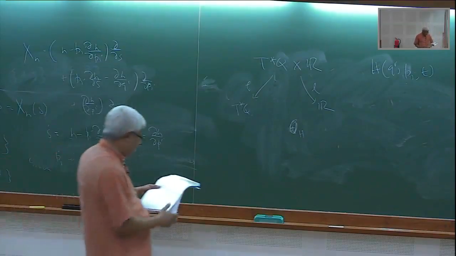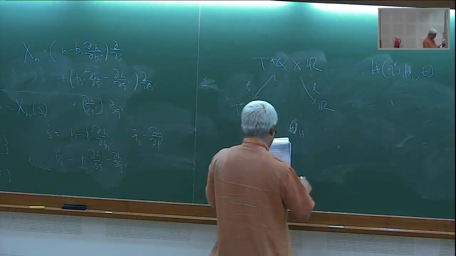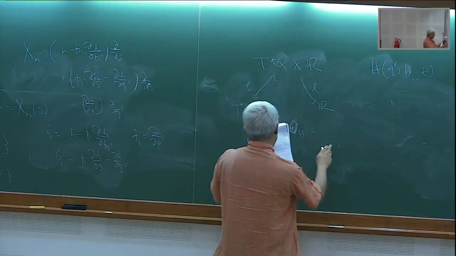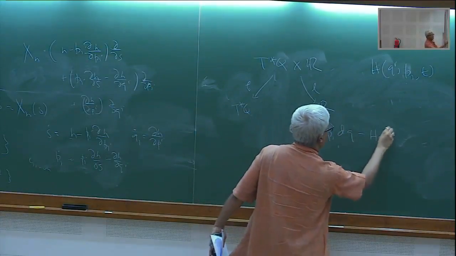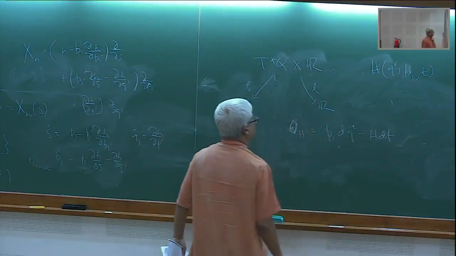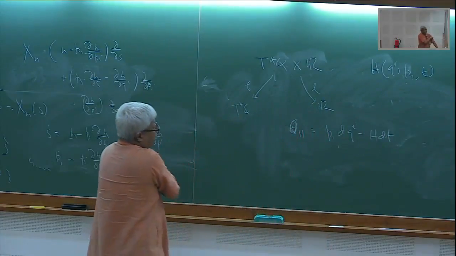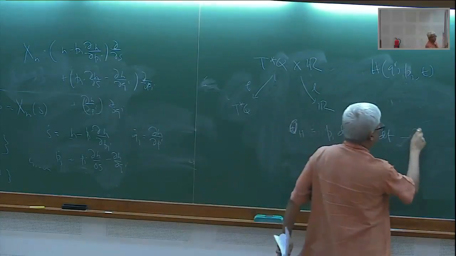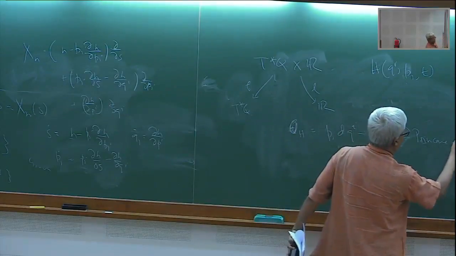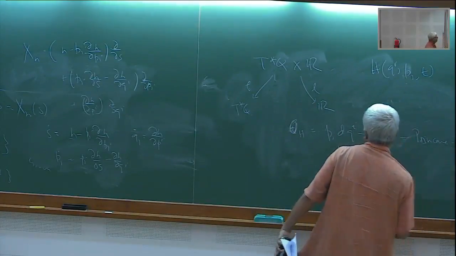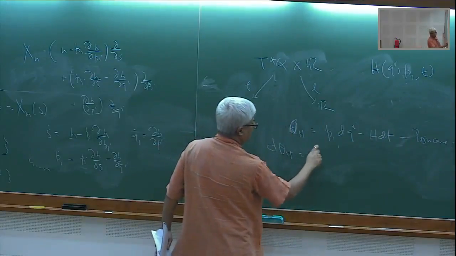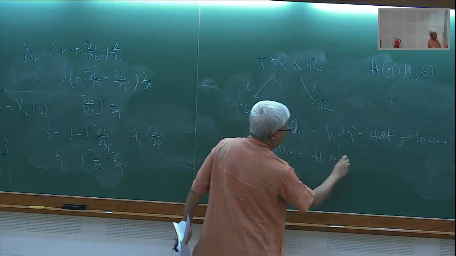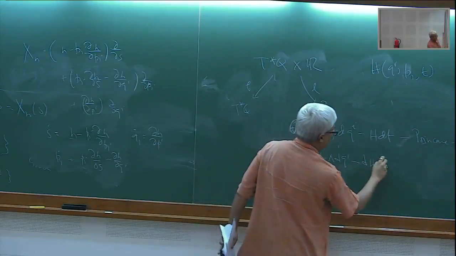So I could redefine the whole thing as theta h equal to pi dqi minus h dt. This is called the Poincare-Cartan one form. Then d theta h is dpi wedge dqi minus dh wedge dt.